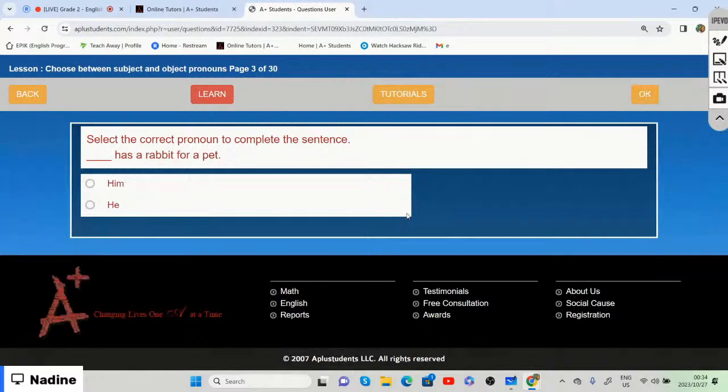Has a rabbit for a pet. We need to select the pronoun.